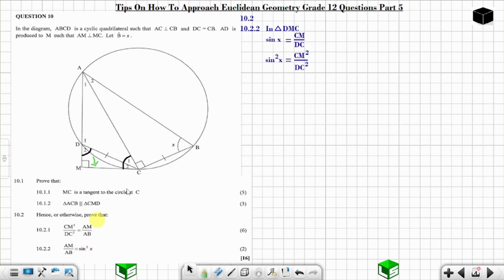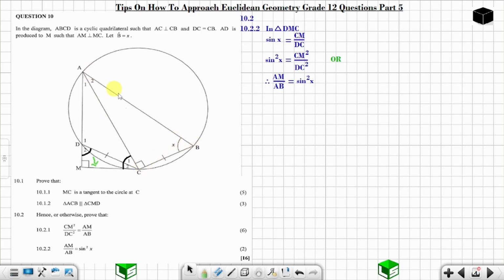Now, can you see CM squared over DC squared is equal to AM over AB. So, you have AM over AB on this side because of this. We have proved.